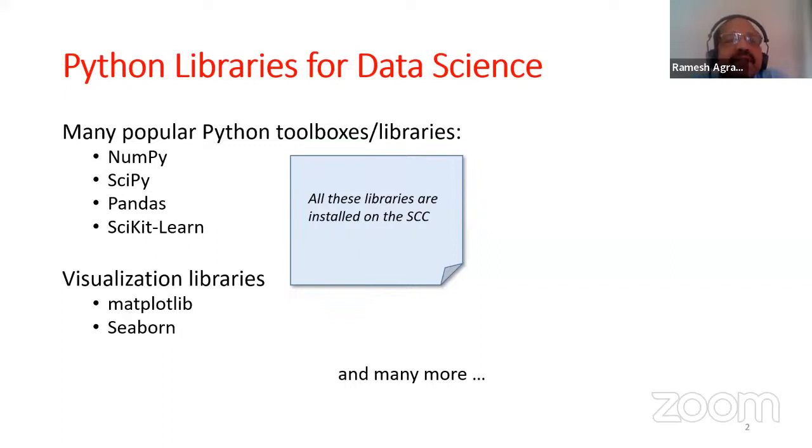One of them is NumPy, and I'll describe why we use NumPy. Then SciPy, Pandas, and Scikit-learn. And for visualization libraries, you have Matplotlib and Seaborn. Seaborn is basically an extension of Matplotlib.